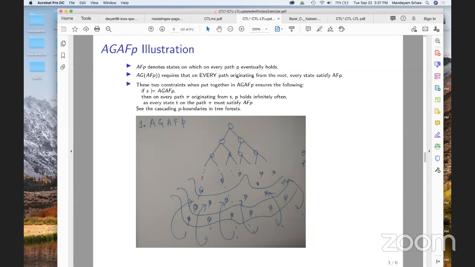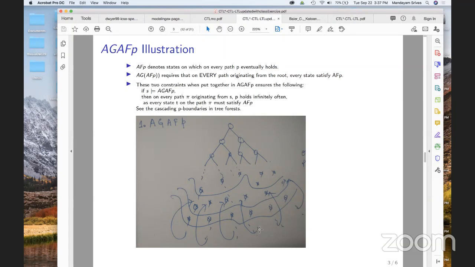And the reason that I've drawn these contours or cascades is that I'm illustrating two things. First of all, on every path, it has to occur in every state. In every state, eventually, P has to hold. And as you can see, these things will eventually fold.